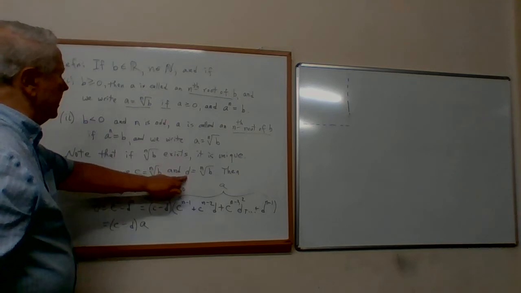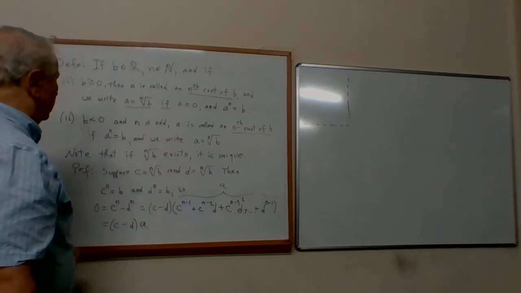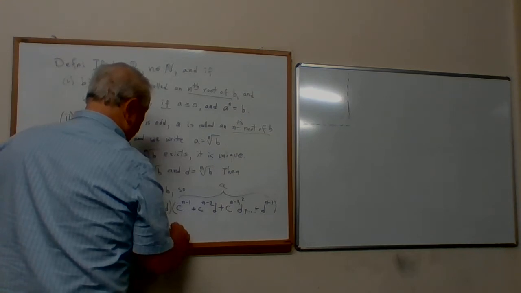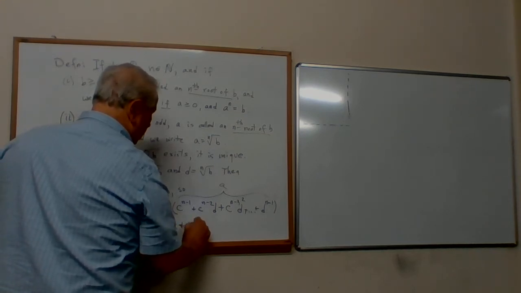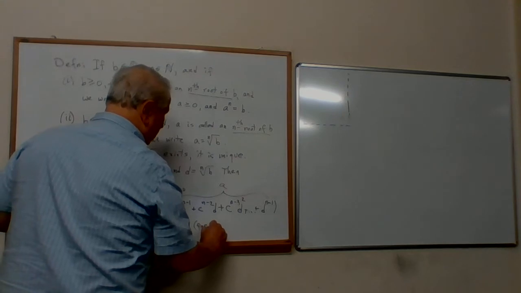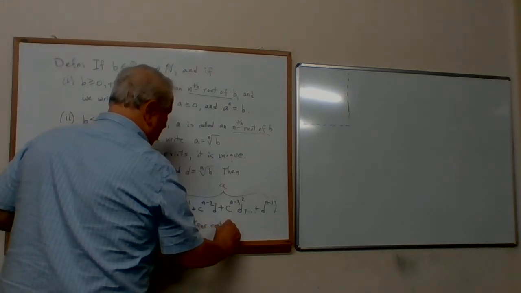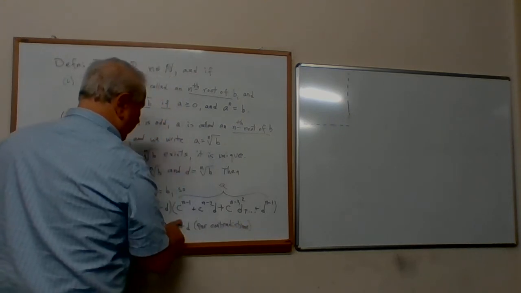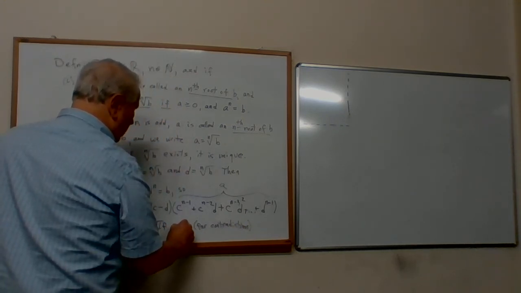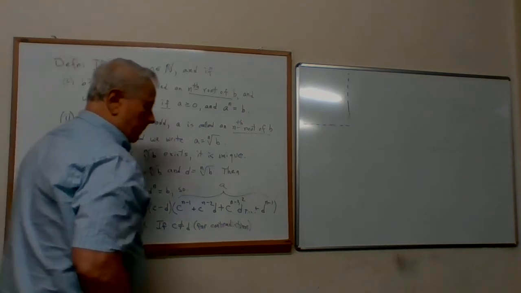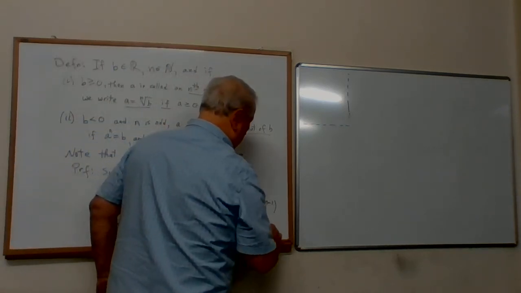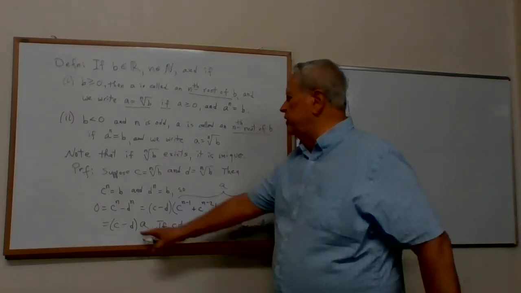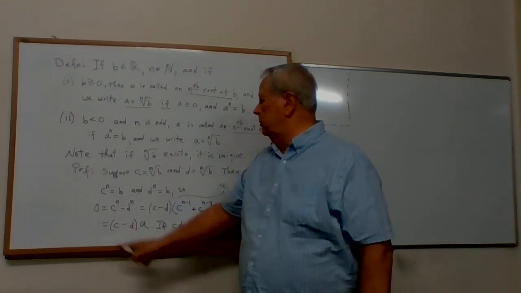Now, if C doesn't equal D, I'm claiming that it does. If C does not equal D, for contradiction, well, that means that C minus D is not zero.